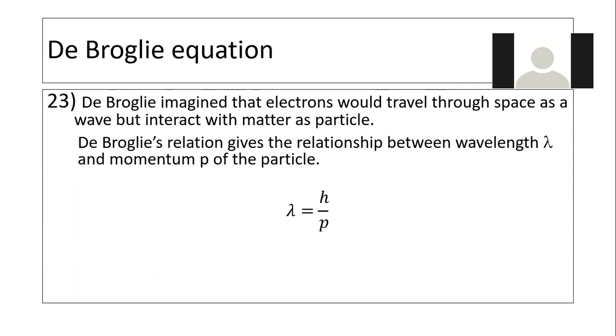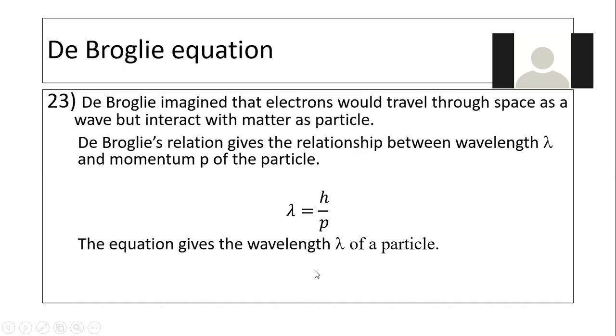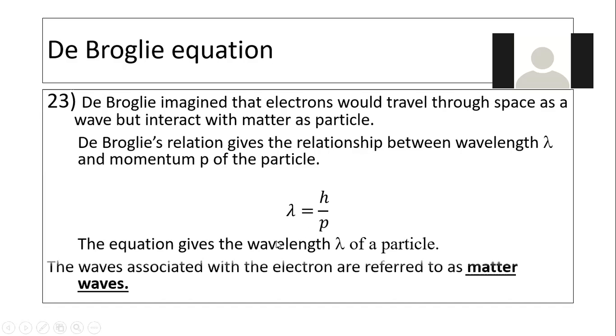So if electron is a particle and it travels through space as waves, then we should be able to measure the wavelength. That is de Broglie's equation: wavelength equals Planck's constant divided by momentum. So the equation gives the wavelength of the particle when the momentum is known. The waves associated with the electron are referred to as matter waves. h is your Planck's constant, p is your momentum.